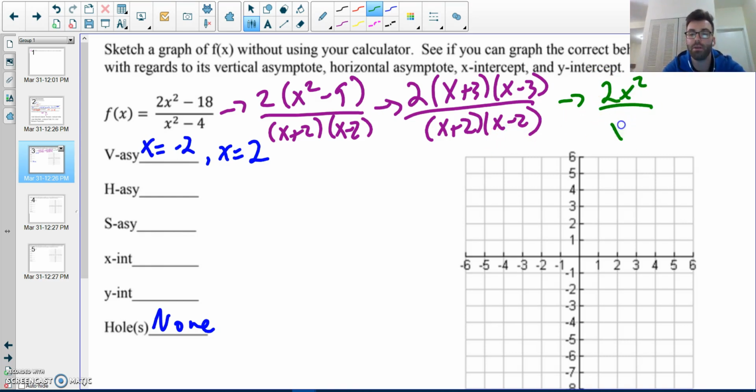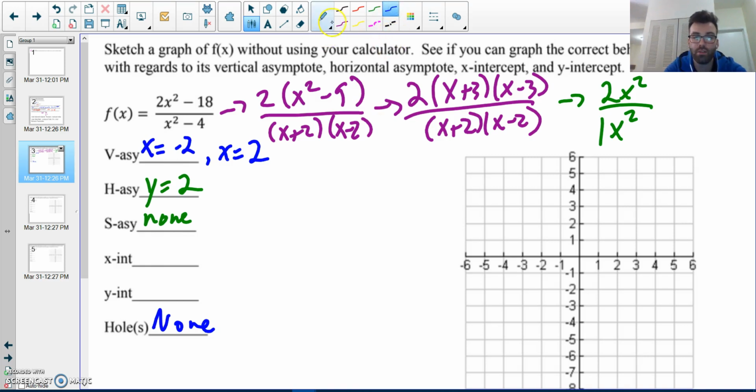If I think about the bottom, I'll have x squared on the bottom. As you can see back in my original, x squared and x squared, even heavy, which means that I take the leading coefficients, so 2 and 1, and divide them. So my horizontal asymptote is y equals 2. If there's a horizontal, there won't be a slant.